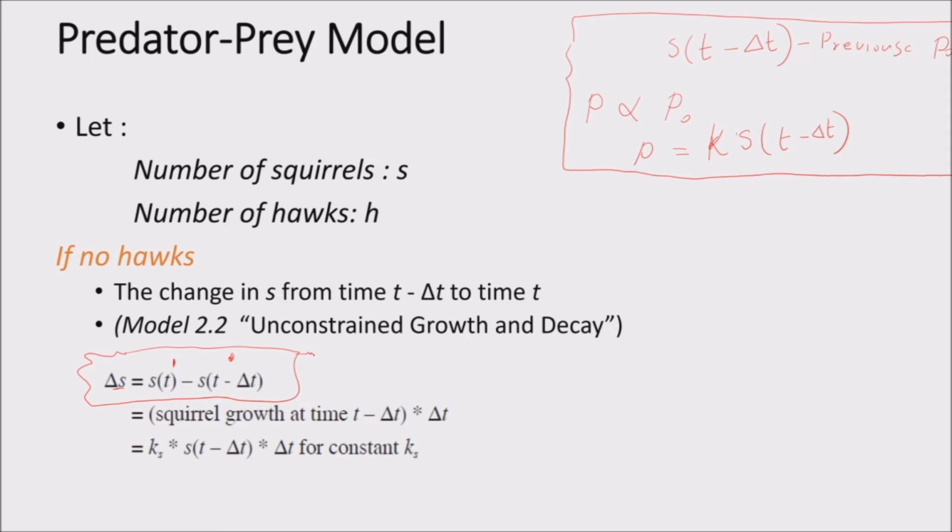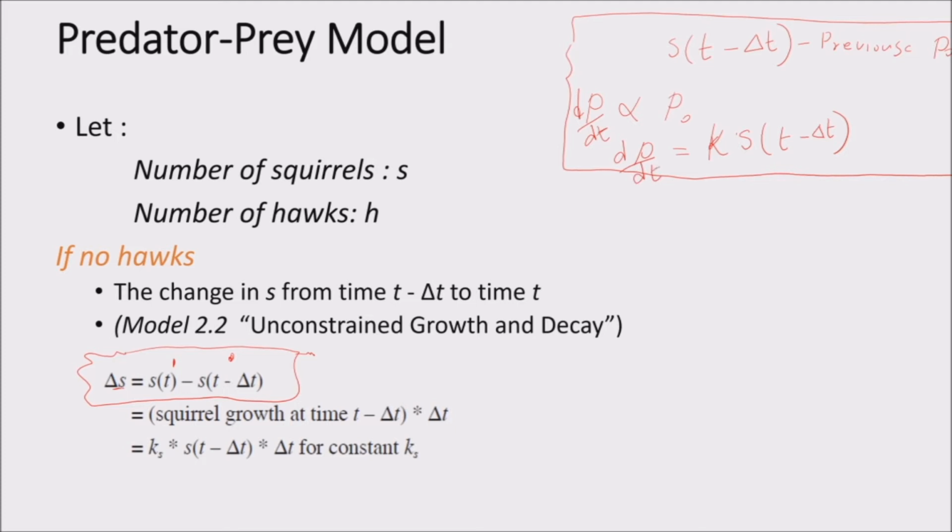This is the same thing when we write it the other way. The change in population is actually the rate of change, which is proportional to the previous population. Even though I did not write it there, this is actually the change rate.